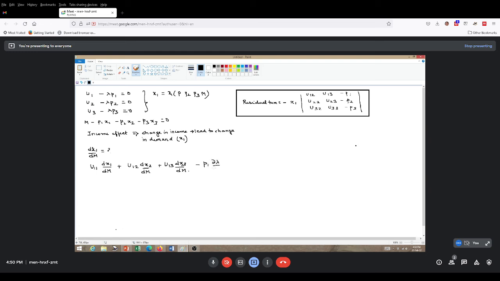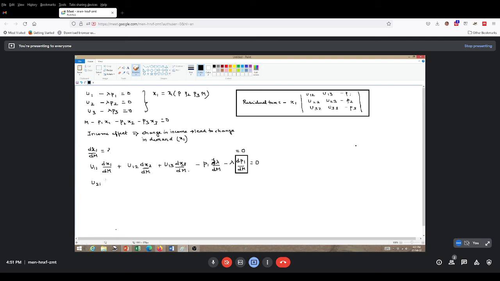So we have d lambda by dm. And what about the price? We keep it constant. dp1 by dm is equal to 0. Now prices are constant, so that means this will be 0.